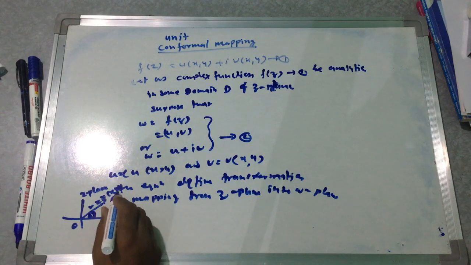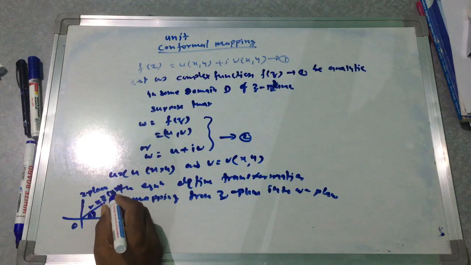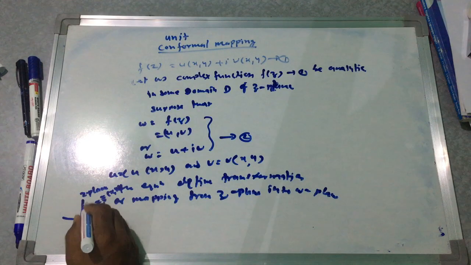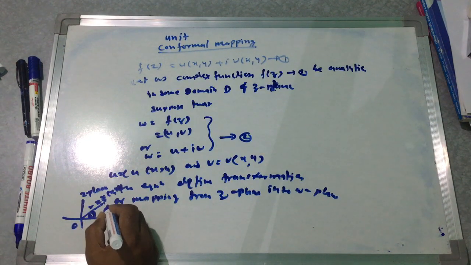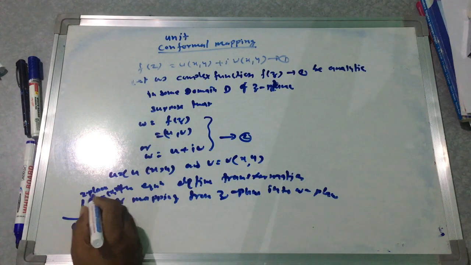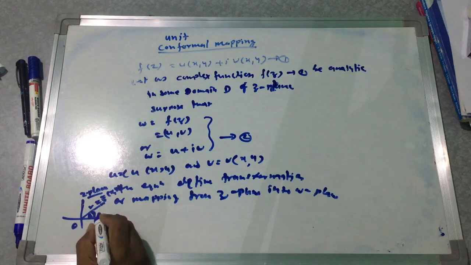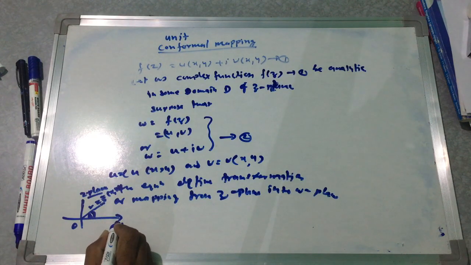So this z is a point in the first quadrant, and theta is the angle it makes with the positive x axis.